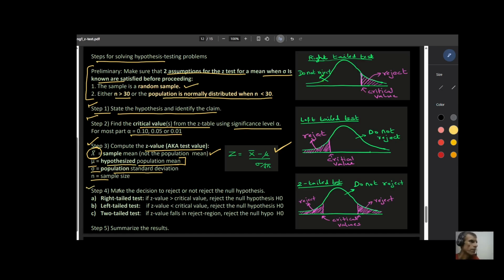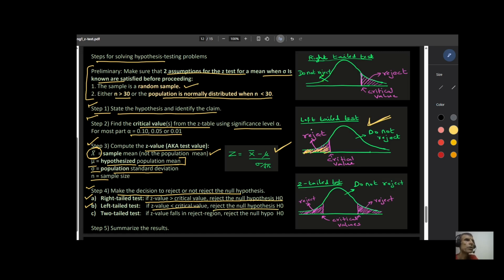Step four, now you make the decision to reject or not reject the null hypothesis. If you're doing a right tail test, in that case, if your z value is more than the critical value, then you reject the null hypothesis. On the other hand, if you're doing a left tail test, which would be right here, if your z value is less than the critical value, in other words, your z value falls in this range, it falls over here, then you reject your null hypothesis.